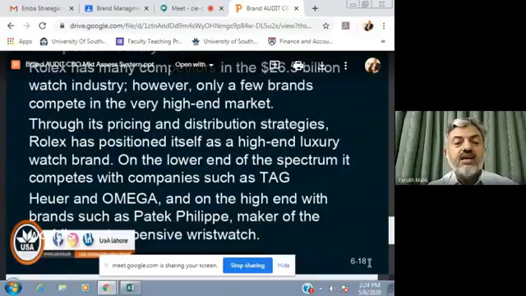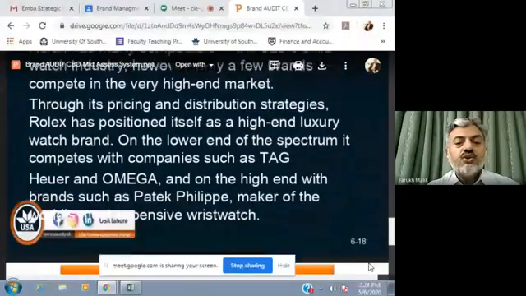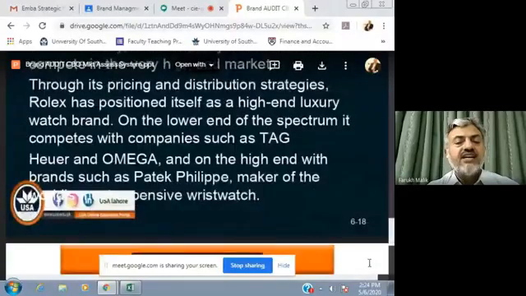Through its pricing and distribution strategies, Rolex has positioned itself as a high-end luxury watch brand. On the lower end of its spectrum, it competes with companies such as Tag Heuer and Omega, and on the high end with brands such as Patek Philippe, which make very expensive wristwatches.